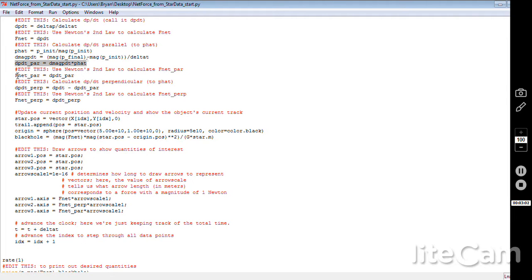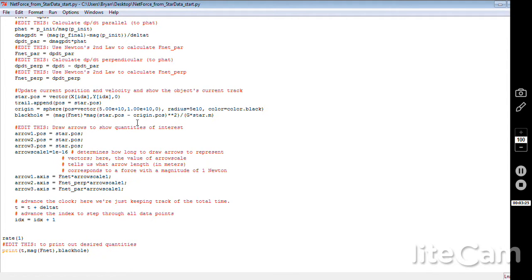We know Newton's second law, Fnet parallel is equal to dP dt parallel. Here, dP dt is equal to the parallel and perpendicular components added together. So given dP dt and dP dt parallel, we can find the perpendicular component by subtracting the parallel from dP dt. Again, Fnet perpendicular is equal to dP dt perpendicular.